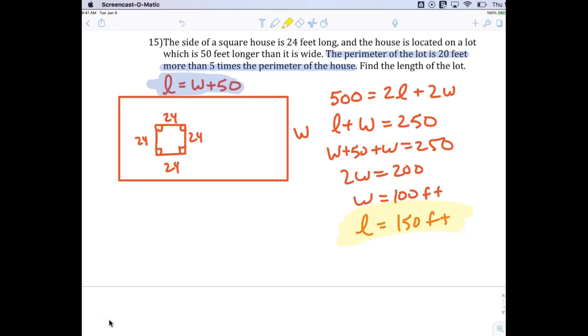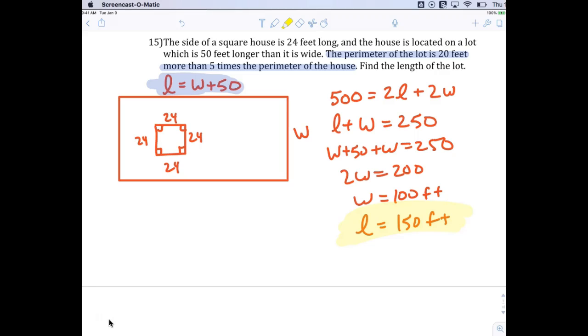So if this is 150 and this is 100, that adds up to what? 250. What Gavin was trying to say is why didn't you re-multiply it? Do you understand what I just said, Gavin? Yes, I already divided.